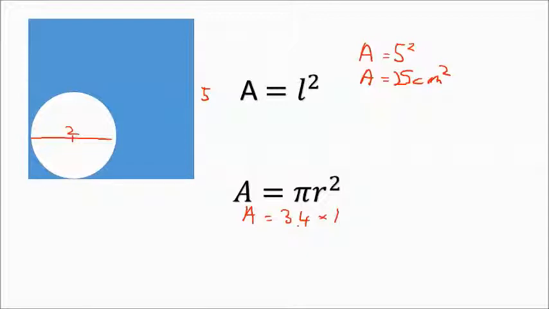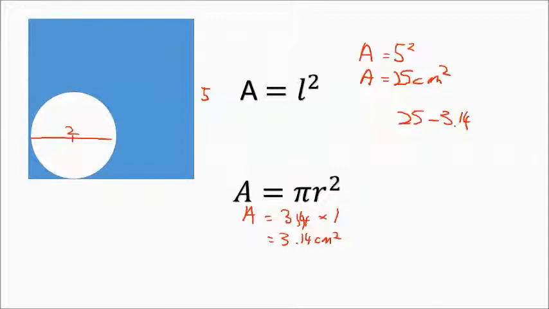So, in fact, that circle is only 3.14 centimetres squared. So, you have 25 centimetres, you take away 3.14, and what you've got left, and I'm going to need my calculator for this, 25 minus 3.14 equals 21.86.